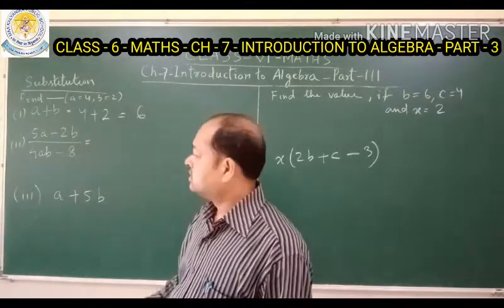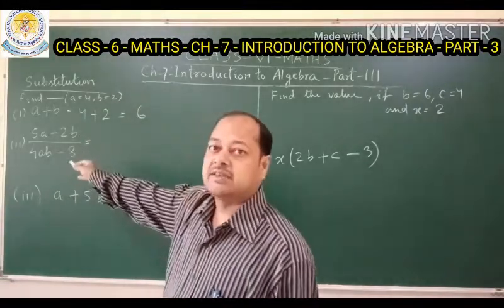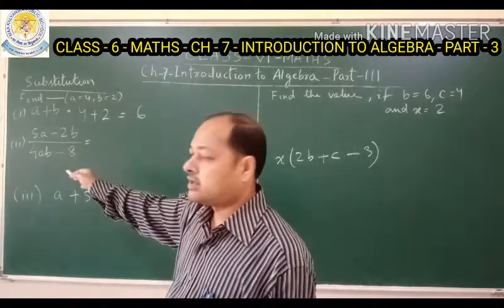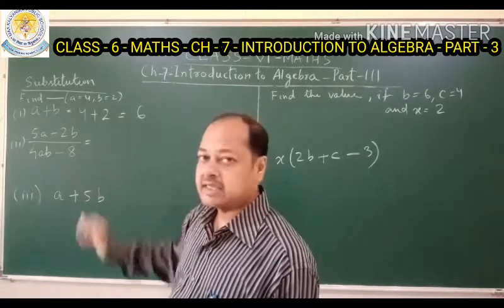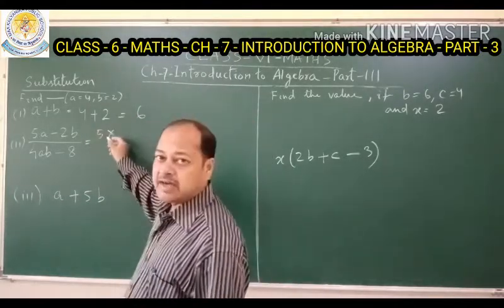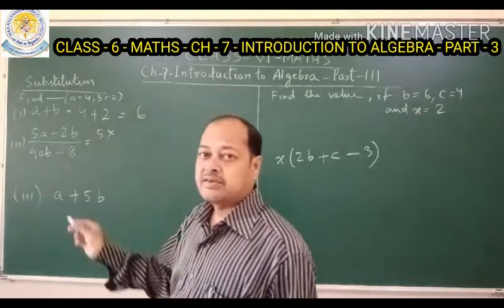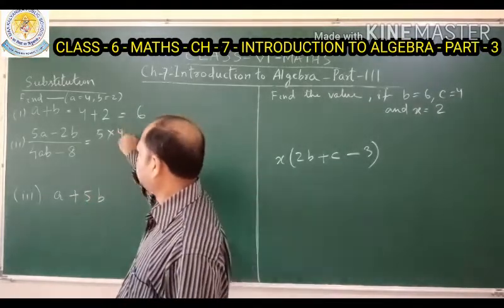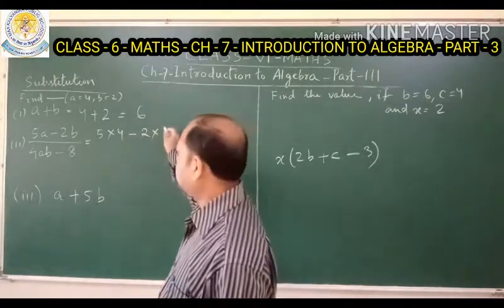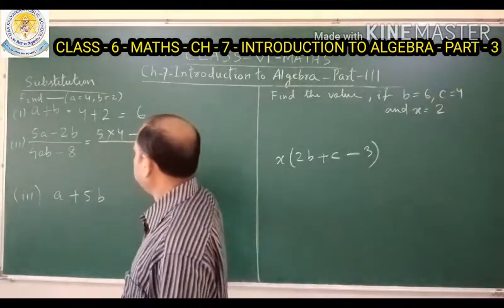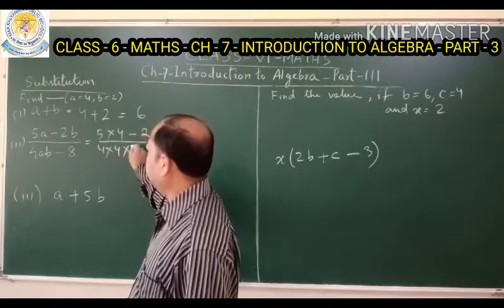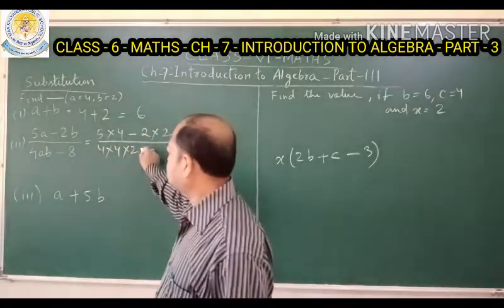Next question. In this algebraic expression it is given that (5a minus 2b) upon (4ab minus 8). So here in place of a, put the value. 5a means 5 into a, which is 5 into 4, minus 2b means 2 into b, that is 2, upon 4 into a is 4, into b is 2, minus 8.